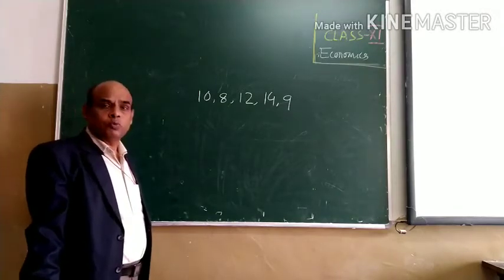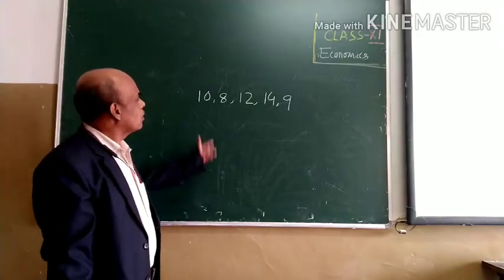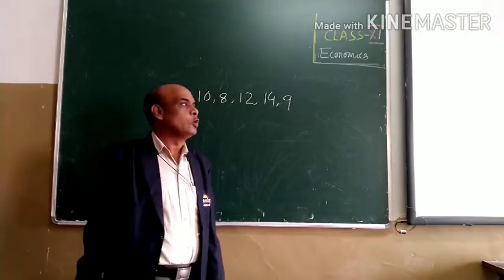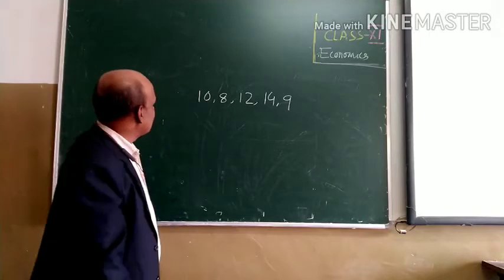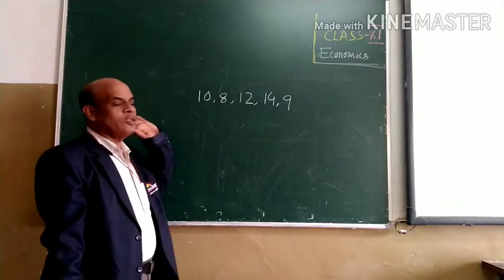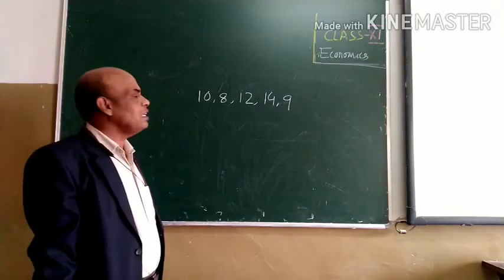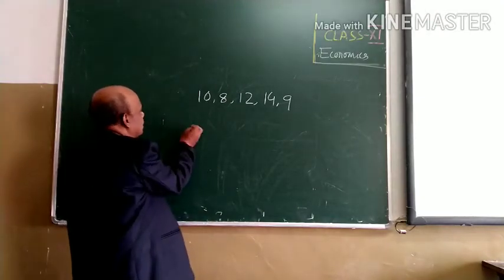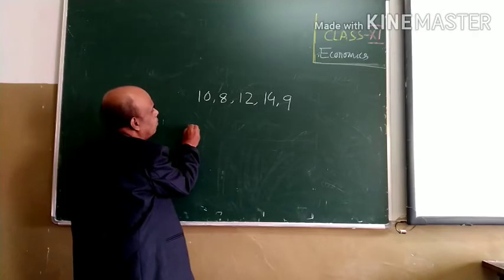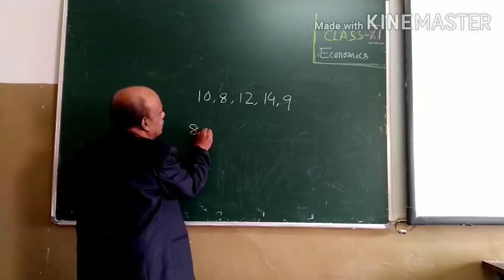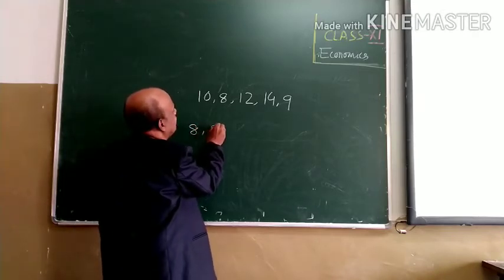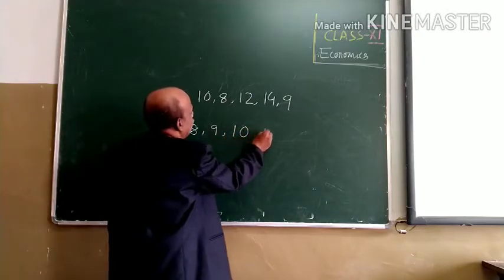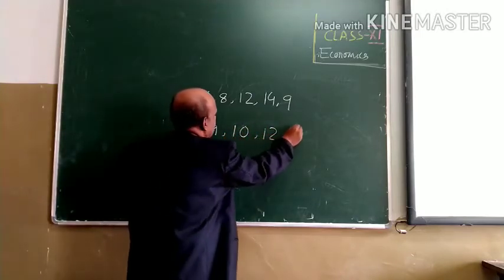So in order to find the median of a sequence like this, what you have to do? First, you have to write the numbers in ascending order. It means in ascending order, first number will come 8, then 9, then 10, then 12, then 13.